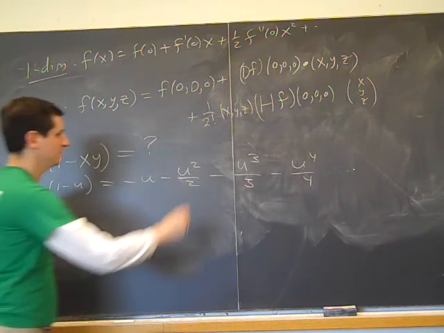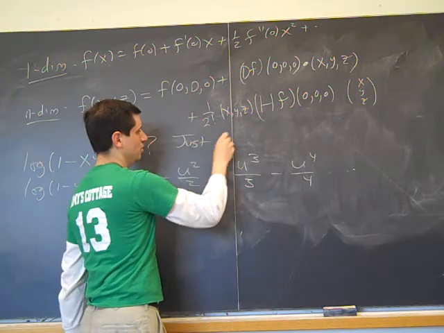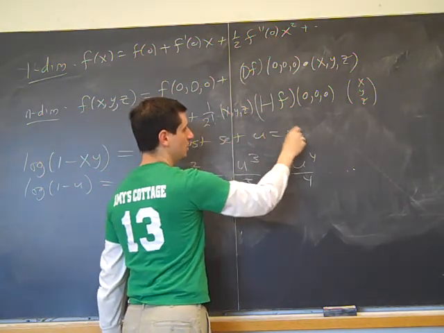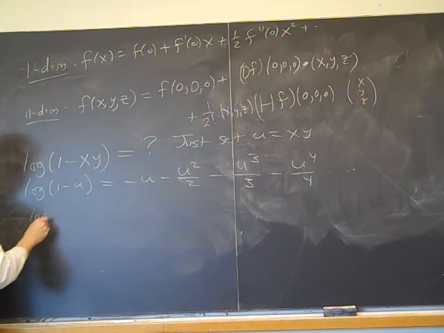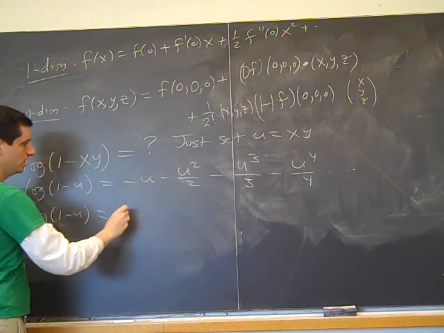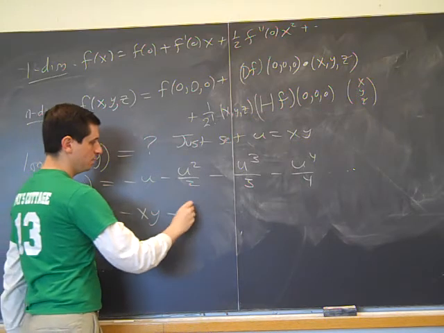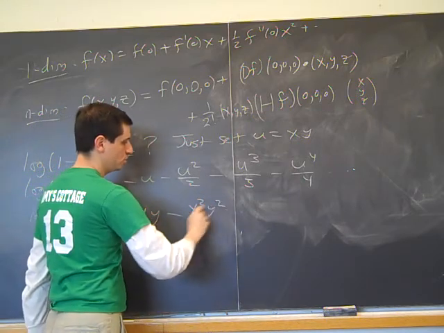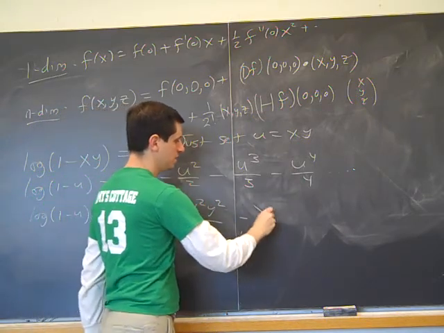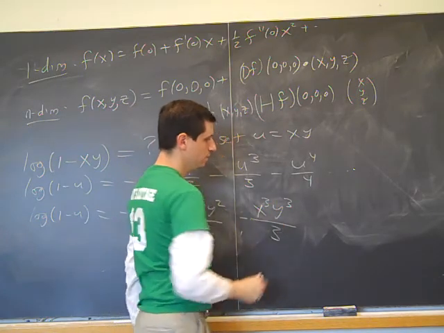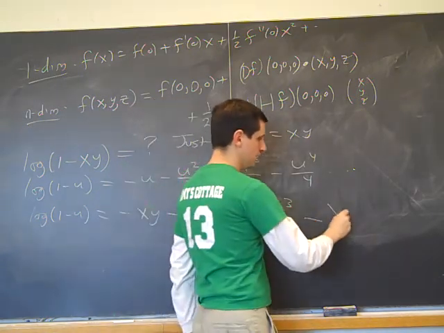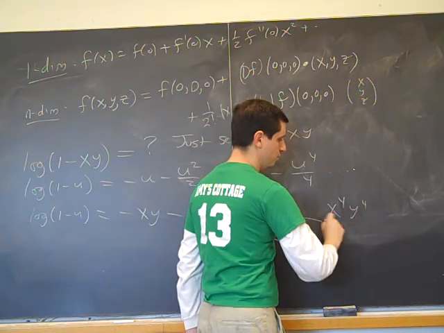Yeah. Just set u equal to xy. And now we get the log of 1 minus u is negative xy minus x squared y squared over 2 minus x cubed y cubed over 3 minus x to the 4th y to the 4th over 4.